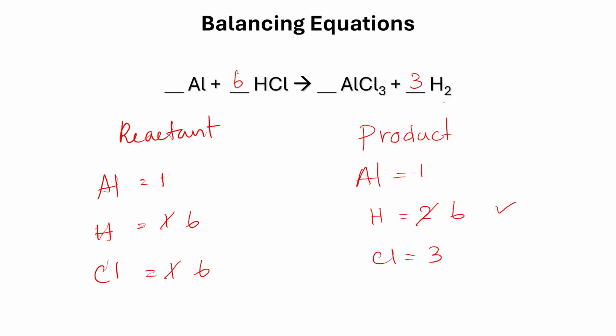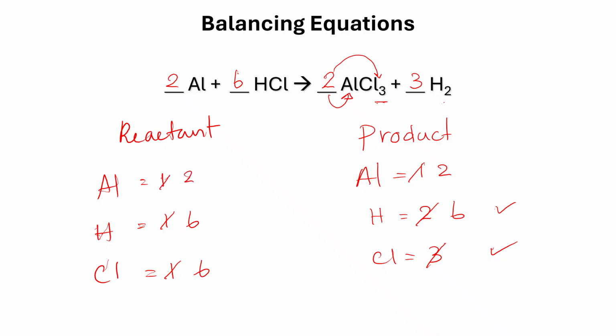Now there are 3 chlorines in the formula. In order to make it 6, we can put 2 in front of aluminum chloride. That makes 6 chlorines on the product side. Now chlorine is balanced. That makes 2 aluminums on the product side, so you have to add 2 in front of aluminum on the reactant side.